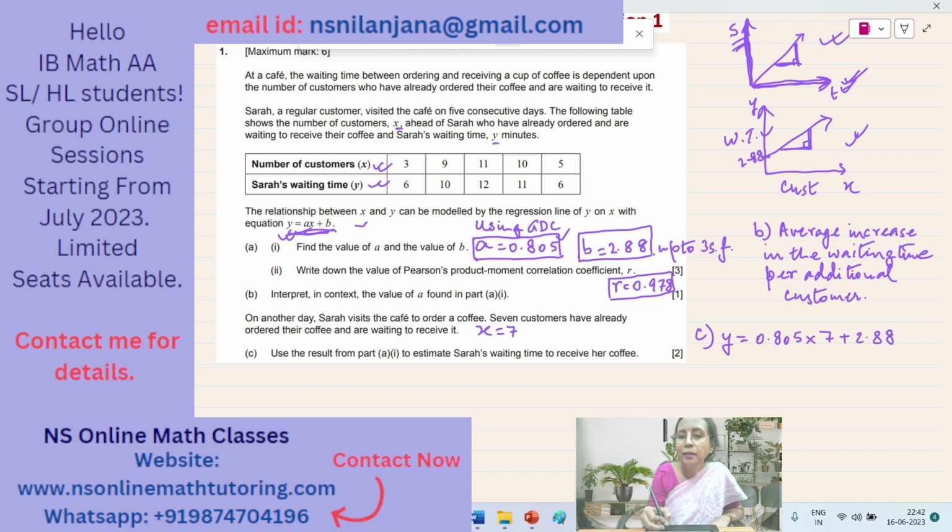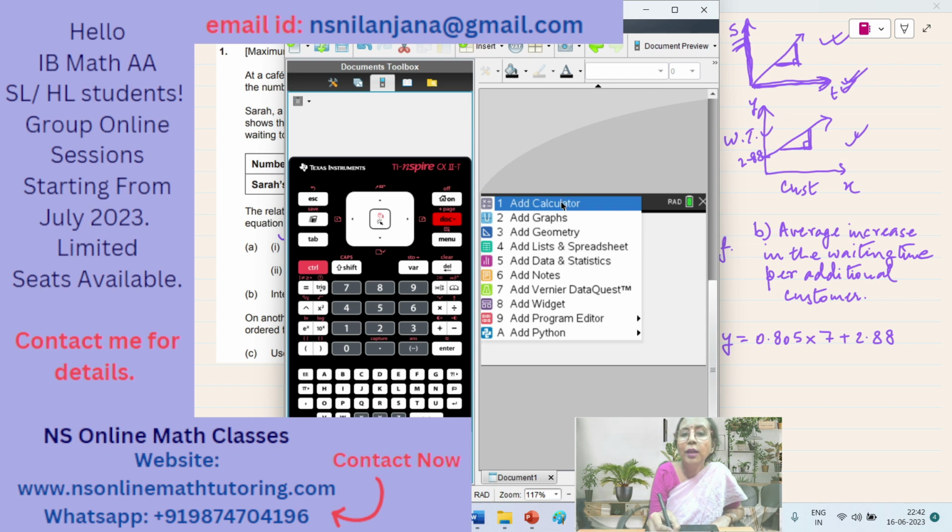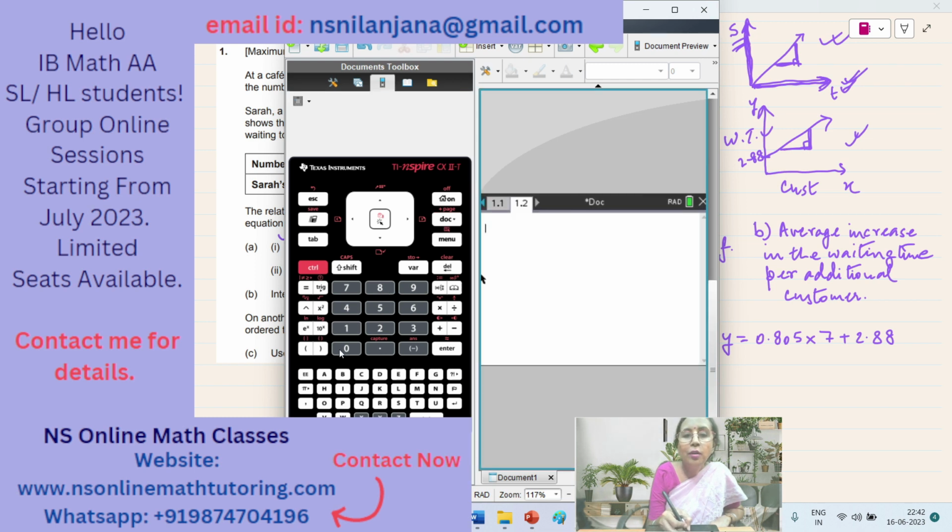0.805 times 7. So we come over here and we can go to the calculator. 0.805 times 7 plus 2.88 equal to 8.52. Up to 3 significant figures, we can take 8.52.